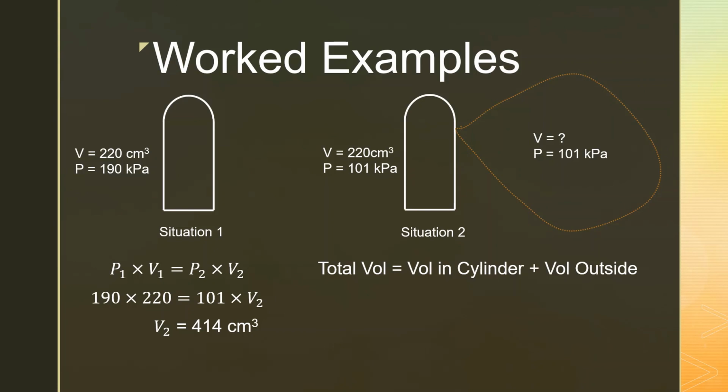The only thing we don't know is the volume outside. So we're going to get 414 is equal to 220 plus our final answer, the volume that is our final answer. So if we rearrange that, we're going to get our final volume to be 194 centimeters cubed. So we've got 220 still in the cylinder, but 194 outside the cylinder. And so that is our final answer there, 194 centimeters cubed.